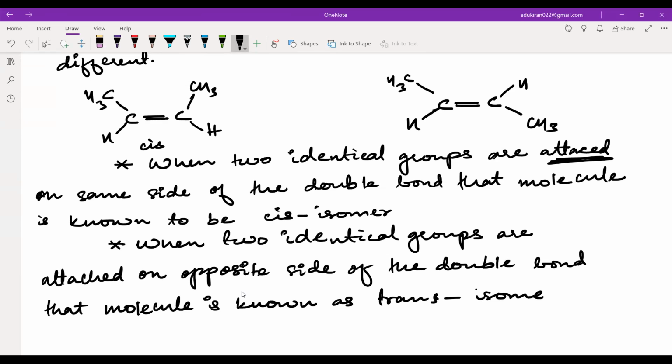So this is cis and this is trans. Write this down, let me know if you're done.